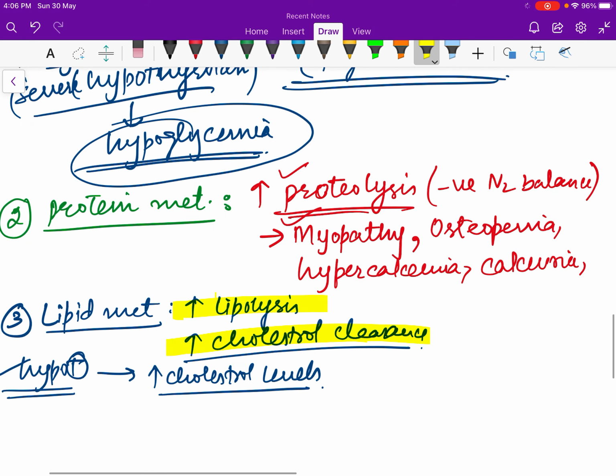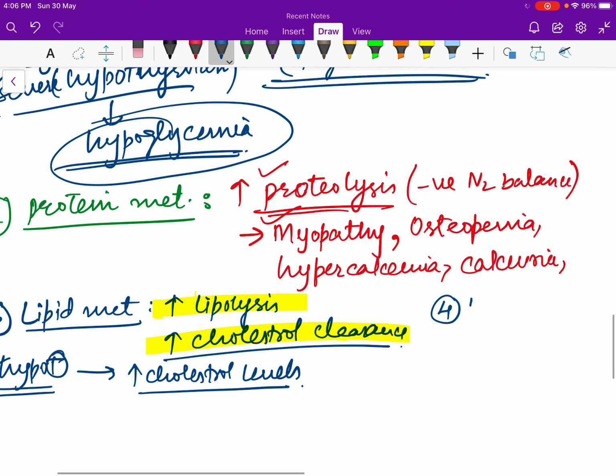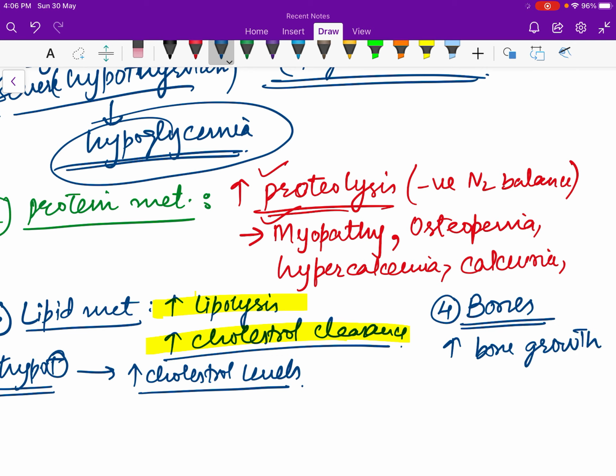Now point number 4 is about the effect of these hormones on the bones. Thyroid hormones cause bone growth, and in the central nervous system they cause myelination of neurons.